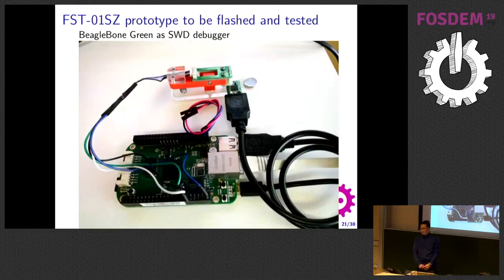And this is the test environment using the test clip, a special test clip, Chinese, made in China. And this is a Big Bone Green. I use Big Bone Green as a JTAG debugger because I run Debian on this computer so that the SWD flash process can be controlled by all free software.